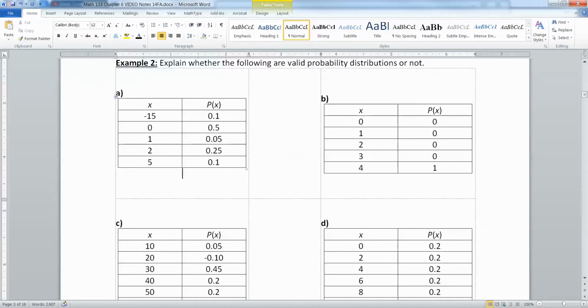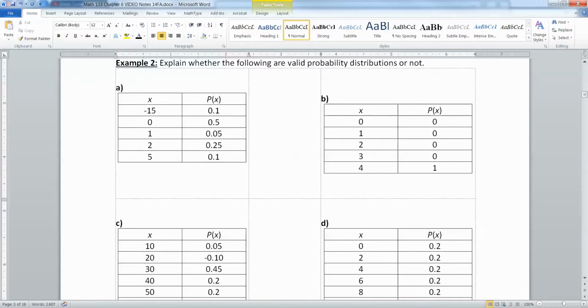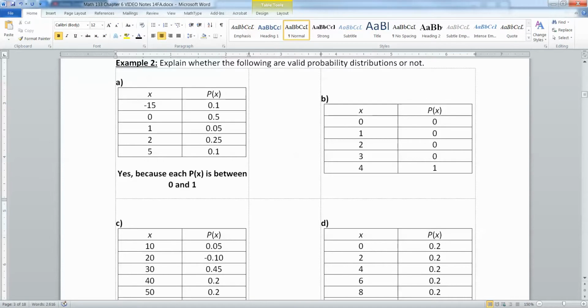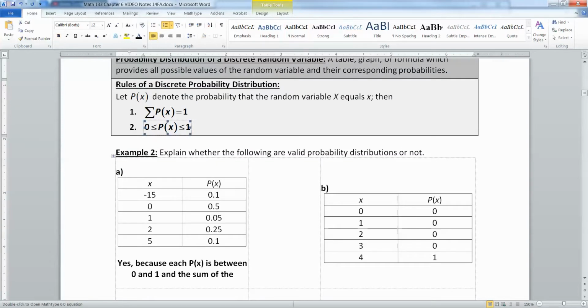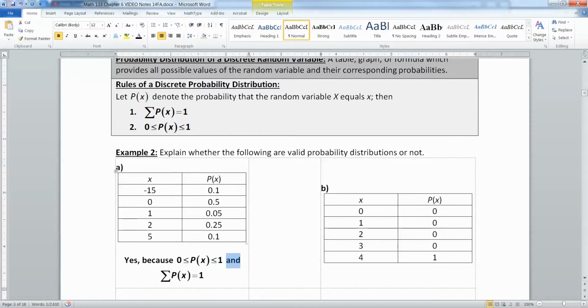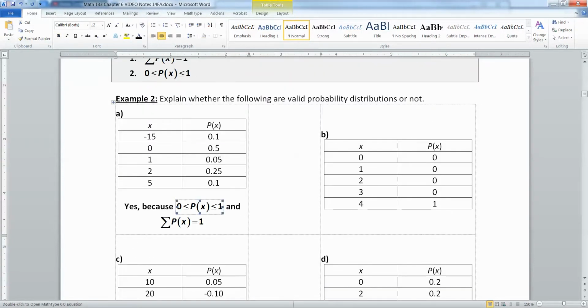All right, so this one is a yes, I believe. I will check it because each probability is between 0 and 1, and the sum of the probabilities is 1.